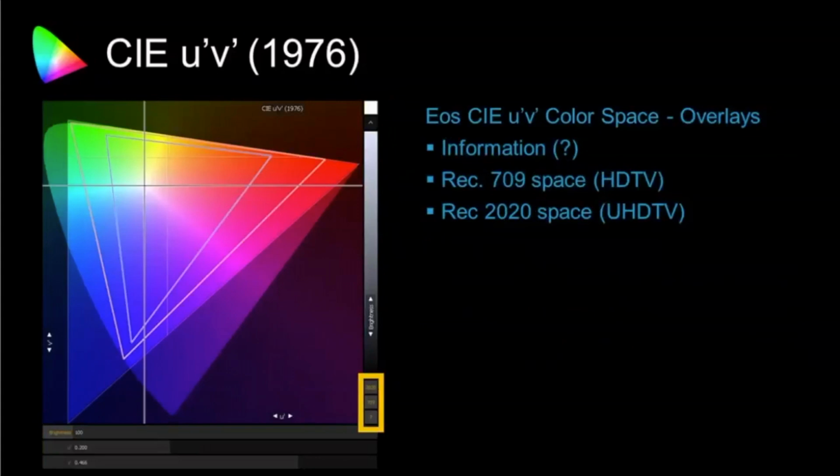But this is a good time to mention, I think, that all of these spaces are interconnected, right? If you do an experiment where you open a color picker tab and you open all 6 color spaces, grab a channel and start clicking around, you'll notice that all those spaces are tied together. We'll talk about it in a little bit when we talk about absolute color data and the way that the EOS system actually thinks and translates.